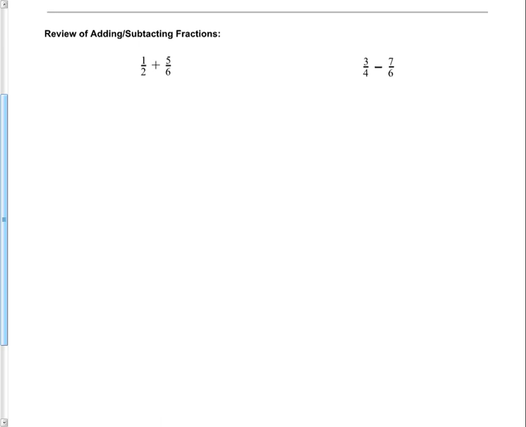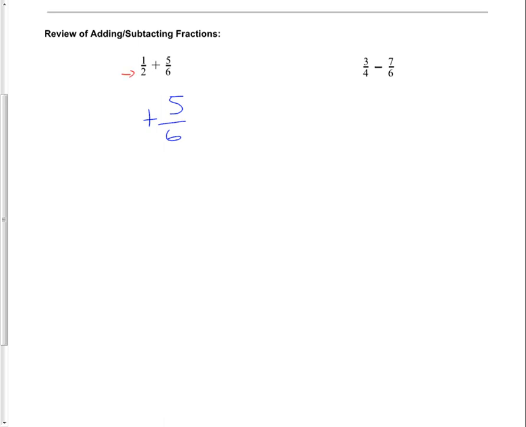In order to add these two fractions together, I have to multiply 1/2 by 3, both the top piece and the bottom half, in order to get the bottom numbers of both of these fractions to be 6. I've got 5 over 6 on the one side, and I want this 1/2 to have a denominator of 6.